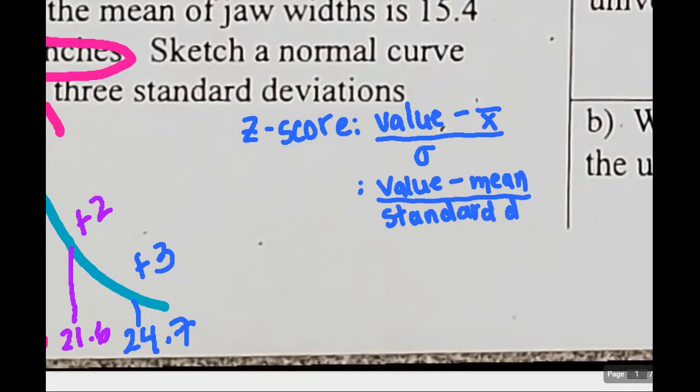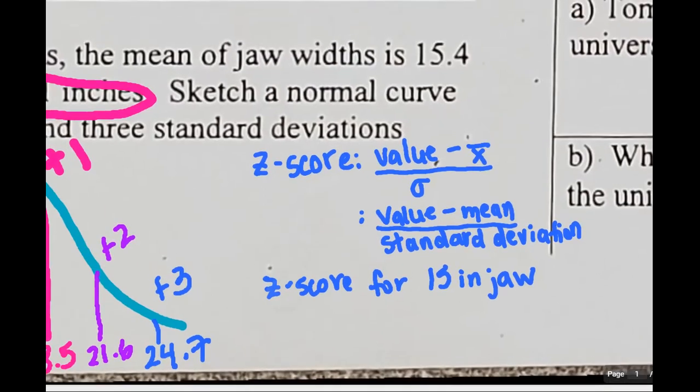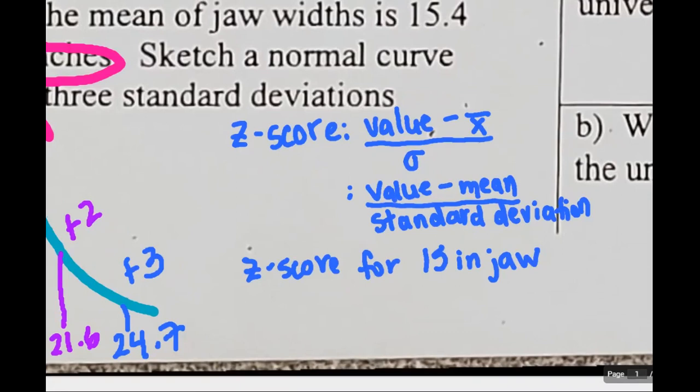Now, again, they're going to be giving us this information and we're going to be using our calculators, but I want us to understand the concept. So let's say I wanted to know the z-score for, let's say, a 15 inch jaw. I know that the mean is 15.4. So I would take my number, subtract the mean, which is 15.4, and divide it by the standard deviation, which is 3.1.